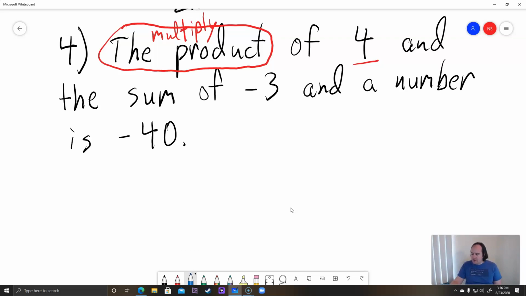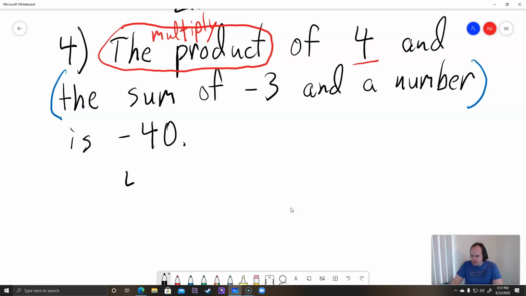So the thing that's tricky about this is they want us to multiply 4 and something, and even though they don't tell you, there secretly has to be parentheses around the sum. Okay? So I'm going to put parentheses around this sum here. I know that's strange, but when they say the product of 4 and all of that, there's secretly parentheses around it. That's why I put the blue parentheses.